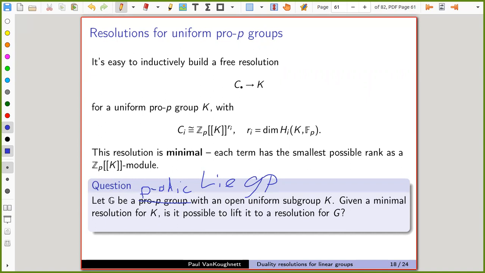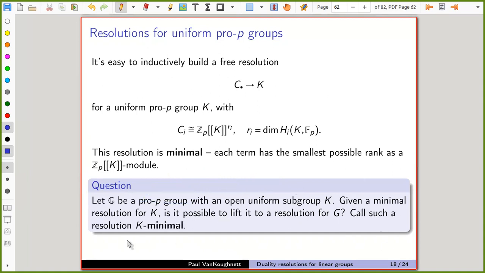So let G be a p-adic Lie group. And let's pick an open uniform subgroup K, which we know exists by p-adic Lie theory. Can we lift a minimal resolution for K to a resolution for G? Okay, so taking each of these factors, can we extend its K module structure to a G module structure?